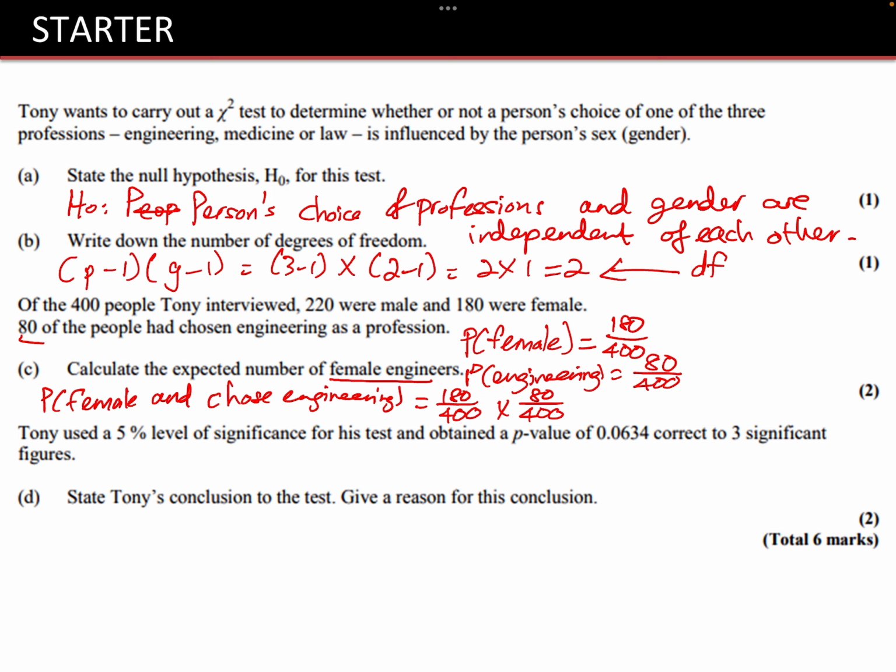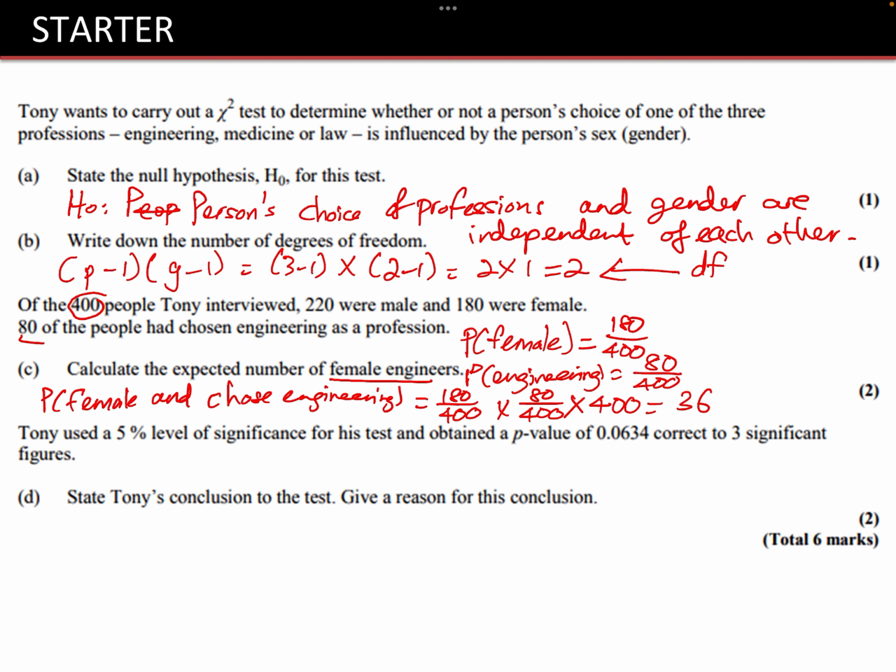So since we have the probability, what we're going to do is multiply the probability of having a female who chose engineering by 400, because we have 400 people who are being interviewed in this case. So by multiplying the probability that I just mentioned earlier by 400, and if you put this onto the calculator, you will get 36 as the expected number of female engineers.